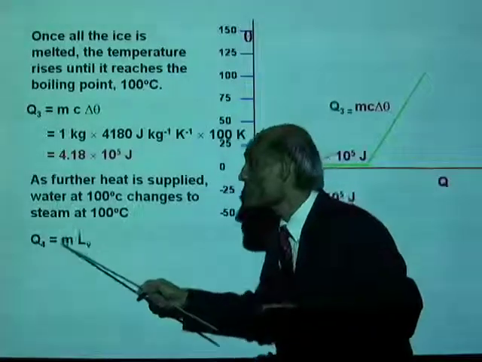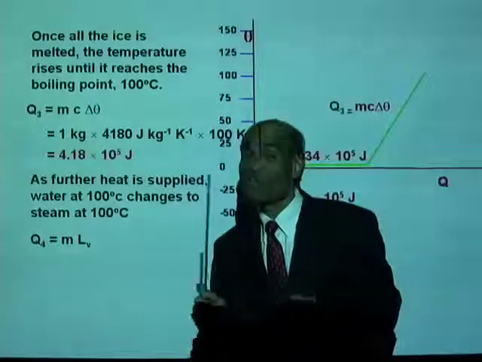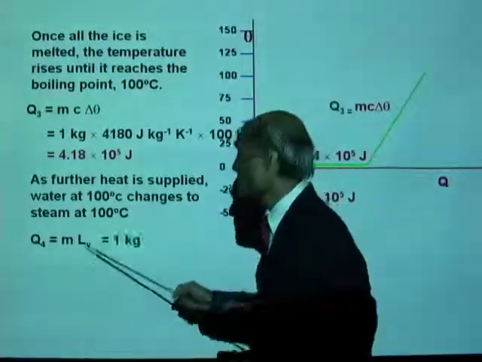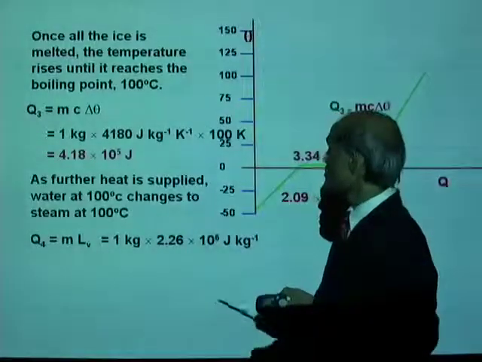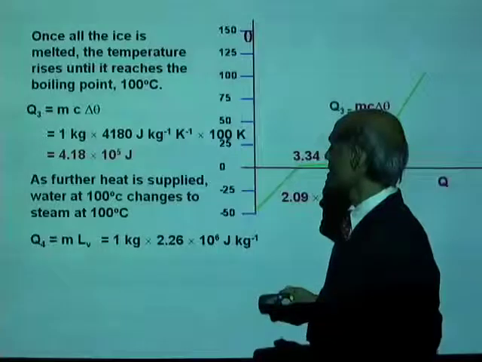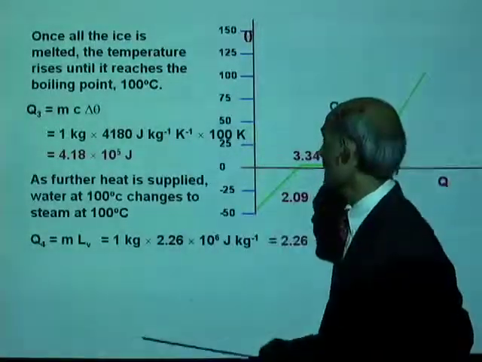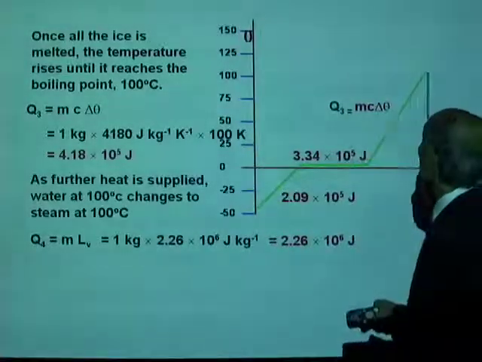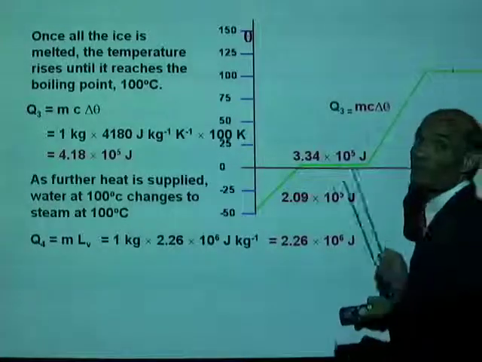Q4 equals mass times latent heat of vaporization. There is no change in temperature during a change of state. Mass is 1 kilogram, latent heat of vaporization is 2.26 times 10 to the 6 joules per kilogram, and that is 2.26 times 10 to the 6 joules, and that is represented by this horizontal line.